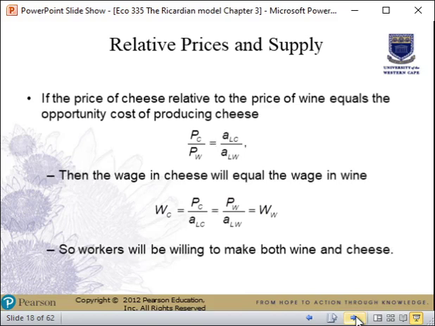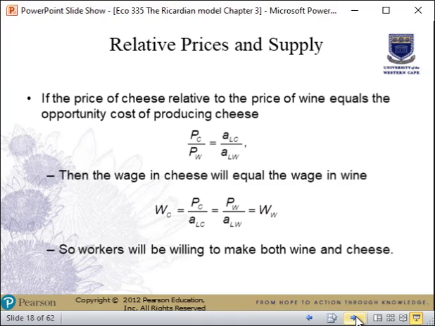In the case that the relative price of cheese in terms of the price of wine is equal to the opportunity cost, then the wage in both sectors will be the same. Hence, workers will be indifferent to producing cheese or wine. Thus, both cheese and wine will be produced in the economy.